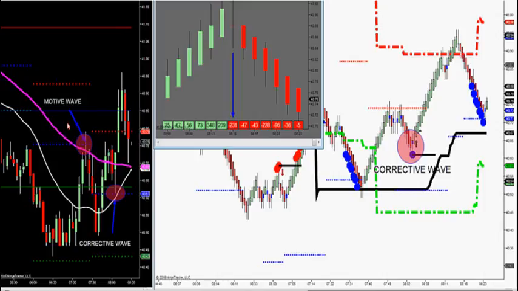Corrective waves are more dangerous than motive waves because typically when traders get wiped out of the futures market, they're counter trend traders. Of all the hundreds of traders I've trained over the years that have counter trend traded and been unsuccessful coming into this trading room, typically it's because they're scalpers or they counter trend trade the market.